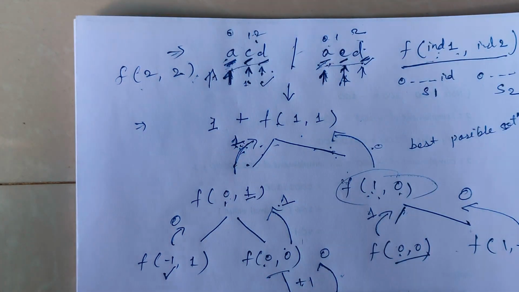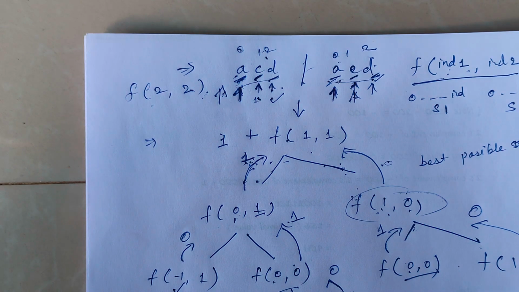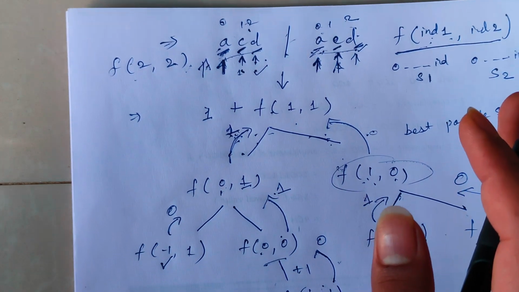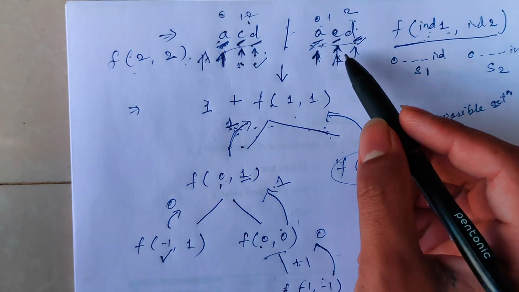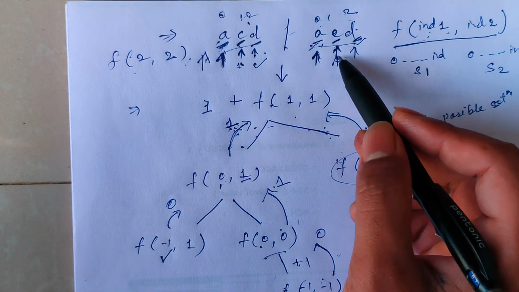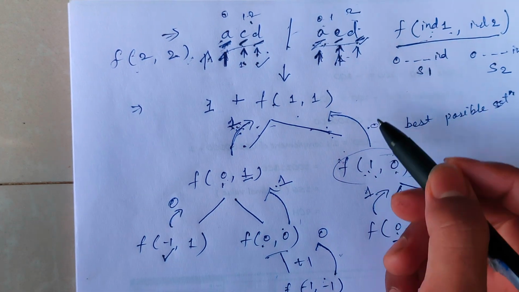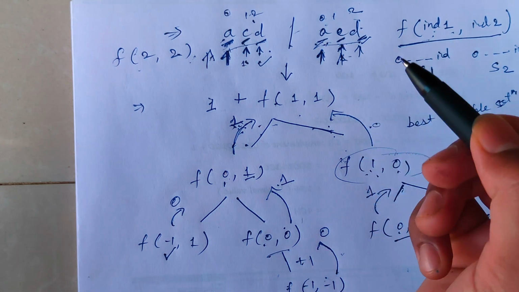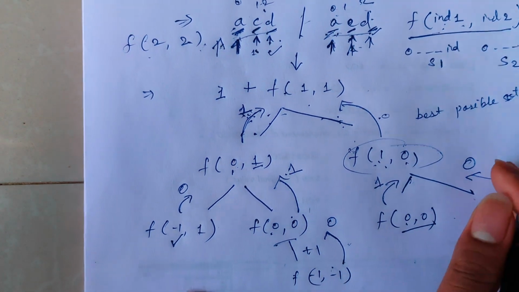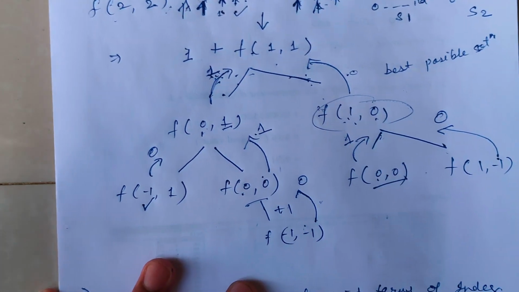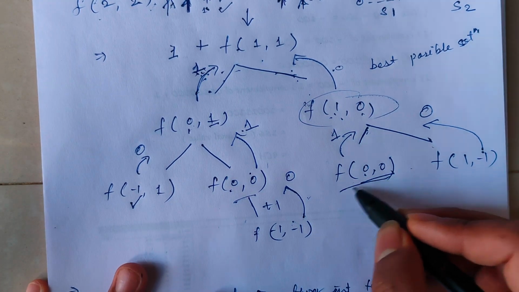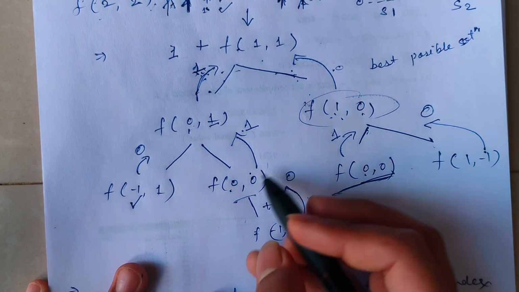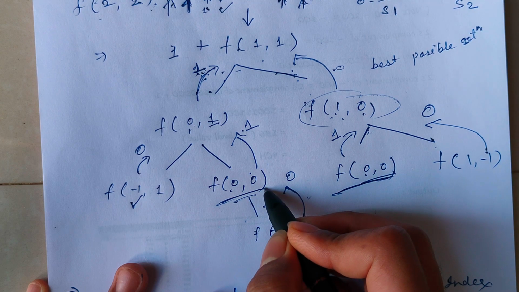In this case, we can see that we are exploring every possibility, shifting one pointer at a time where the character is not matching. So there would be overlapping subproblems. Like here we can see that we got f of 0 0 here and f of 0 0 here, right?